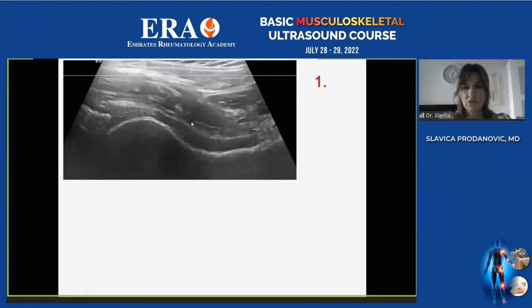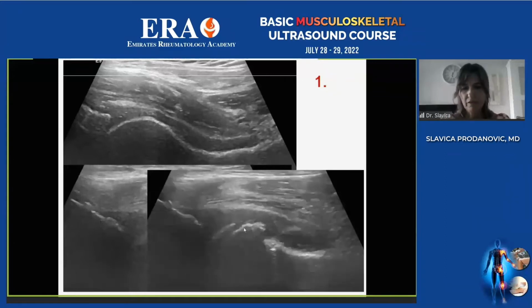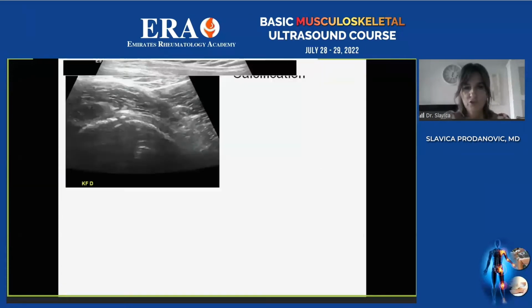On this image, you can see the normal ultrasound appearance of the bony surface of the hip joint. And on this ultrasound image, you can see the main difference: you may see bony cortex breakdown. On this image, it can be seen better due to a big calcification or some fracture.